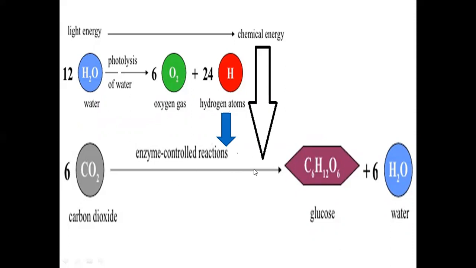There are many reactions taking place in this step, and all these reactions are controlled by enzymes. So the light dependent step of photosynthesis produces chemical energy, and it also produces hydrogen atoms which are used to produce glucose by the plant. This glucose is converted into starch and stored as food in the plants.